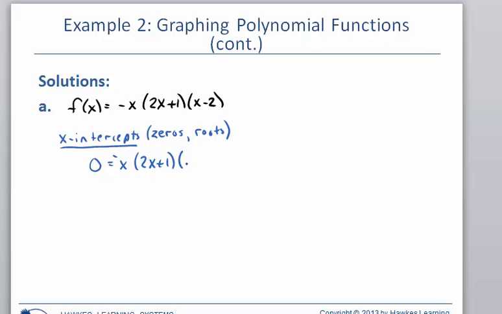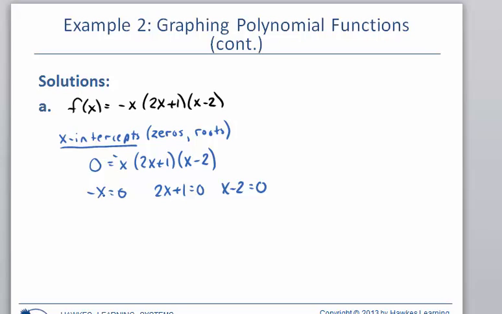So we're going to have 0 is equal to negative x times 2x plus 1 times x minus 2. And then we'll set each part of that equal to 0. So the negative x, setting it equal to 0. The 2x plus 1, setting it equal to 0. The x minus 2, setting it equal to 0.